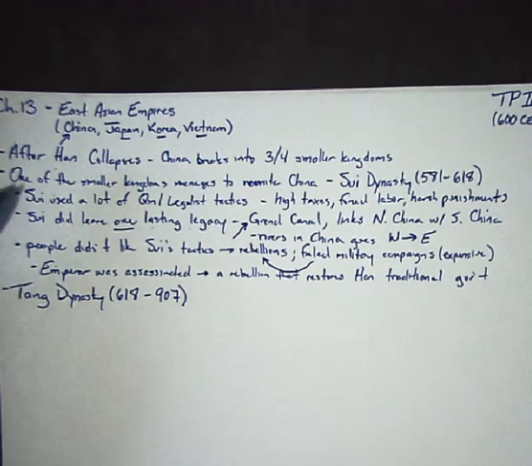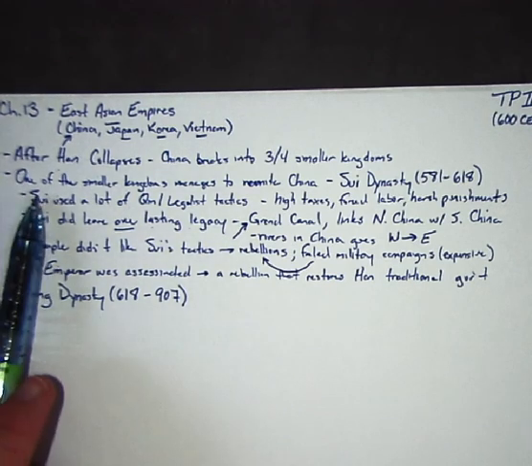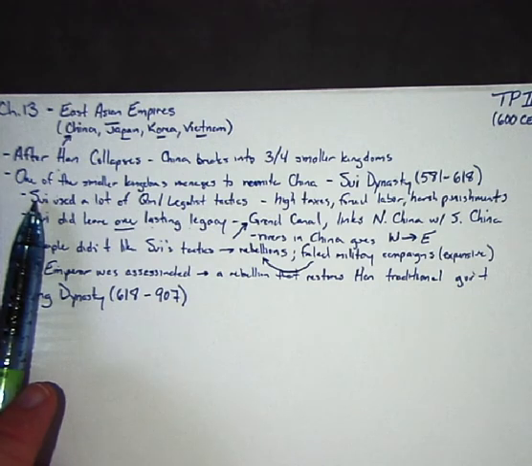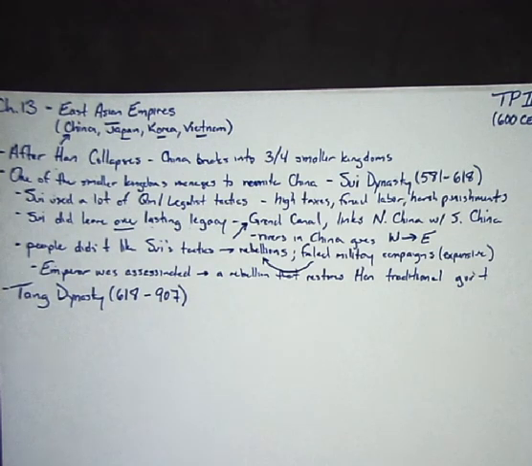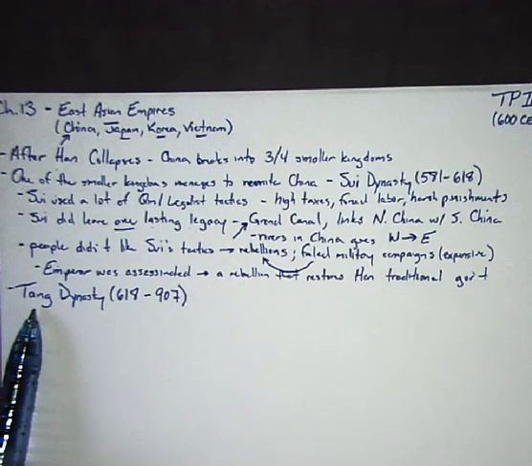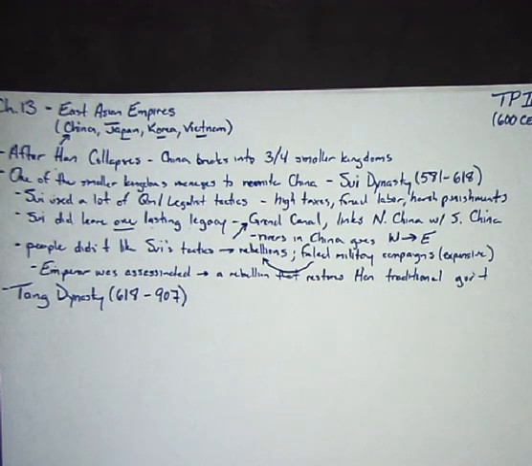So there was chaos, and then this group came in and put things back together. The people didn't like them, and then there was a rebellion, and then we get a long-lasting government that's, again, going to put in place a lot of the same stuff the Han did. So history is repeating itself here in China.